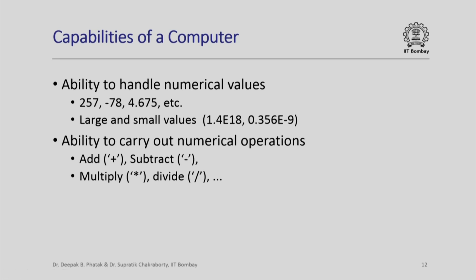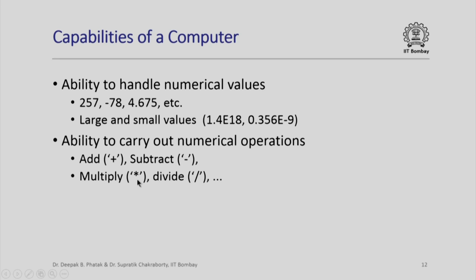A computer of course has the ability to carry out numerical operations. For example, it can add, it can subtract, it can multiply, it can divide. For addition and subtraction and division, we use the symbols plus, minus and slash. For multiplication, however, most computers use a symbol star. Can you guess why?